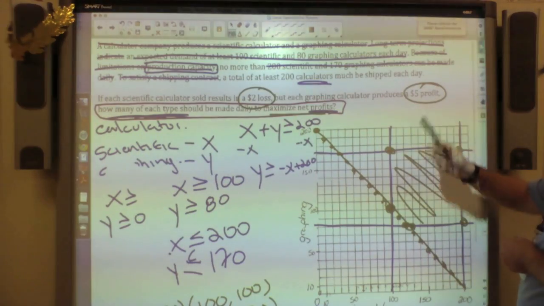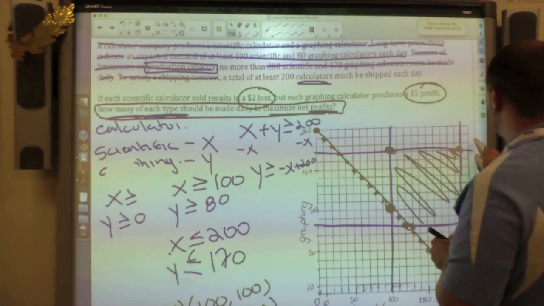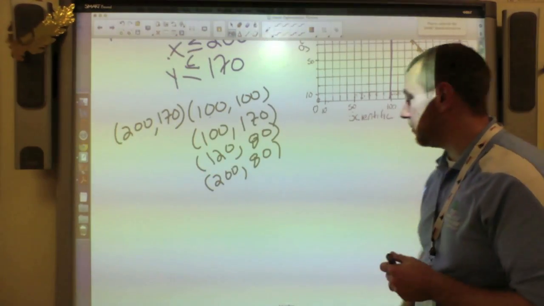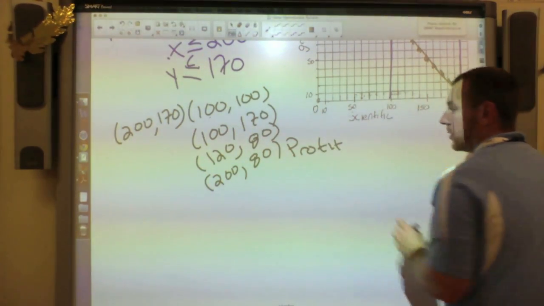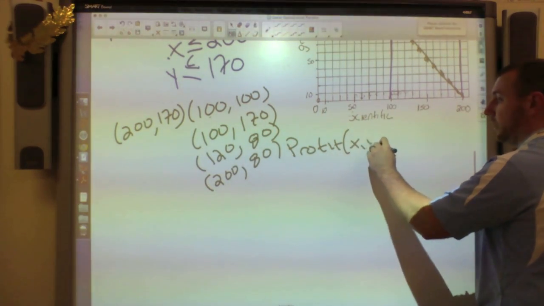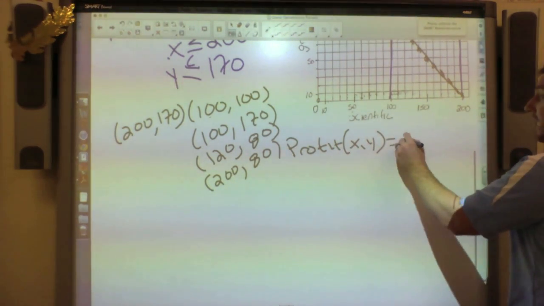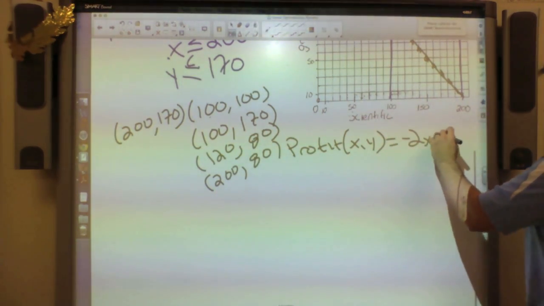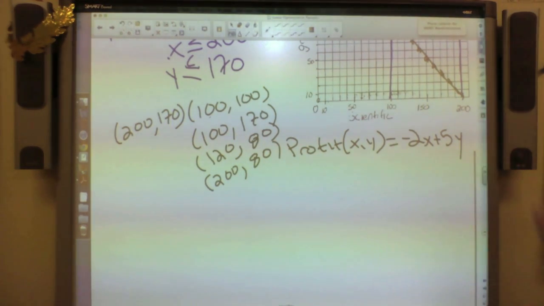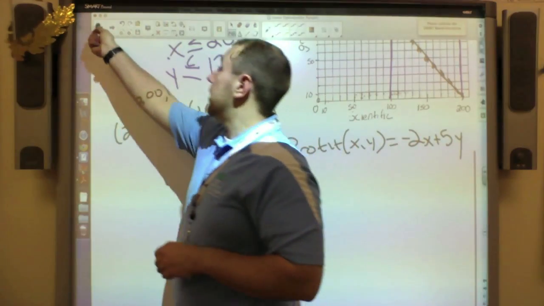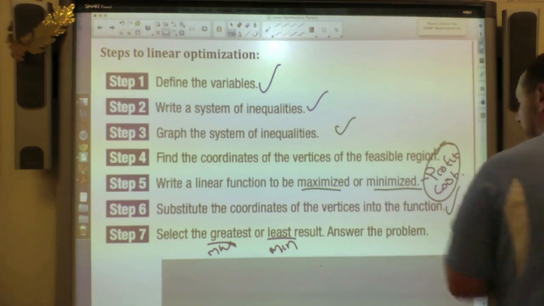If I'm gaining money here, that's got to be positive. So my maximizing equation, or my profit equation, of x and y, is going to be negative 2x plus 5y. I'm losing money for my scientific, but I'm gaining money for my graphing. All right? So that is a check.